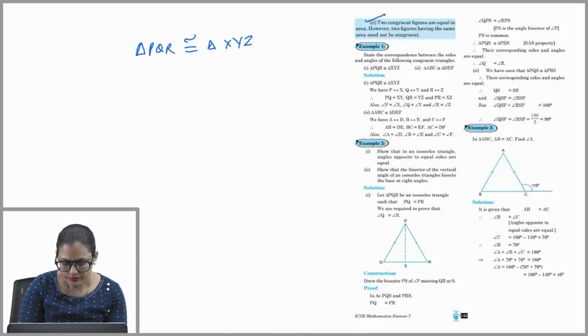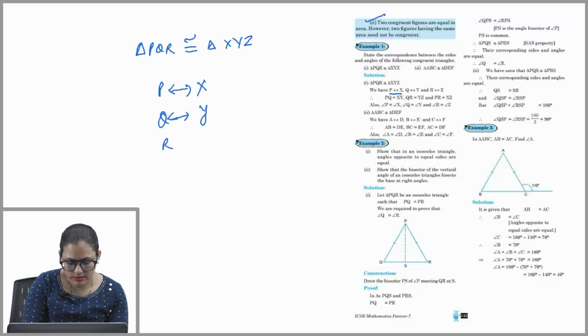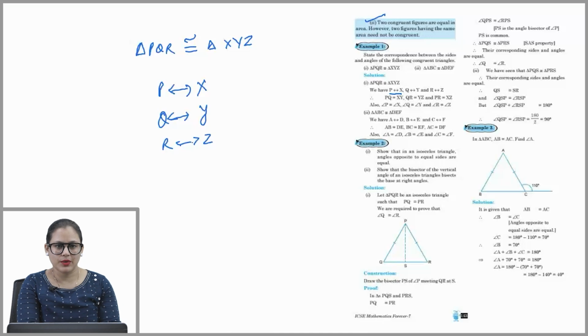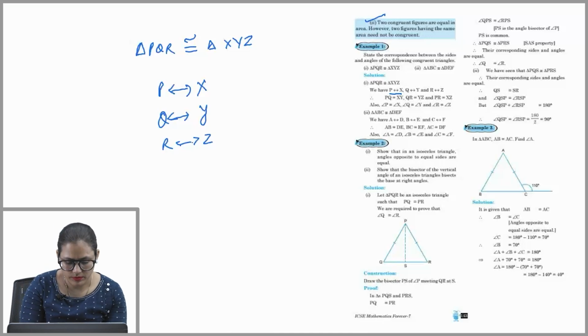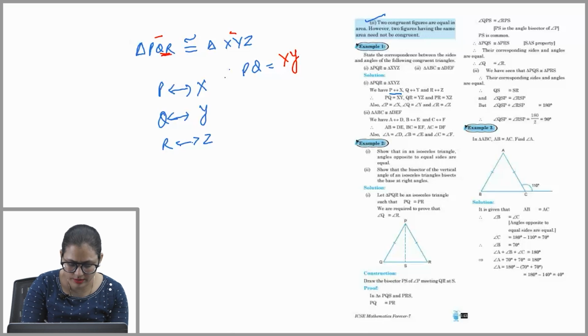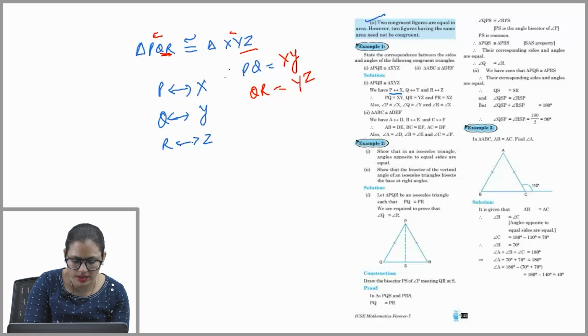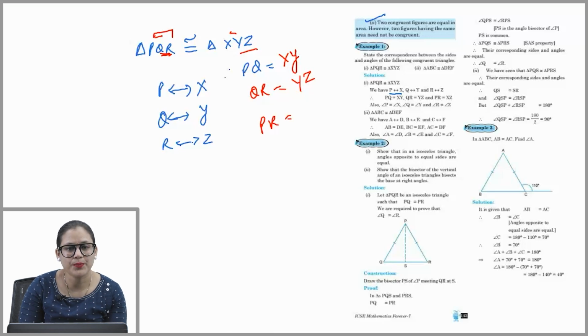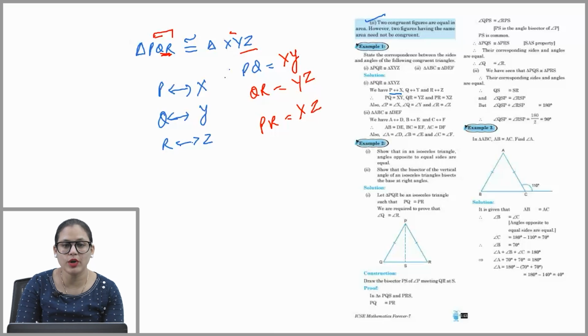So P matches X, Q matches Y and R matches Z. Therefore PQ is equal to XY, QR is equal to YZ and PR is equal to XZ.